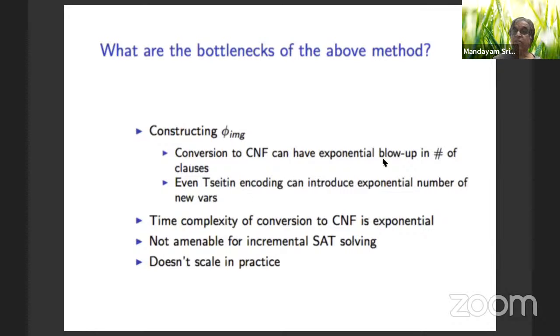In general, the existential quantification elimination in some CNF or pseudo CNF form is bound to have an explosion. So this kind of doing it is not practical in SAT solving. It does not scale in practice.